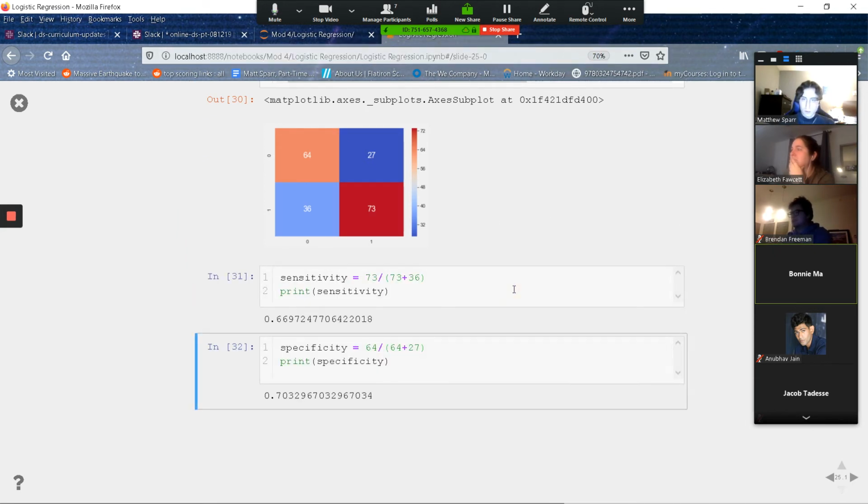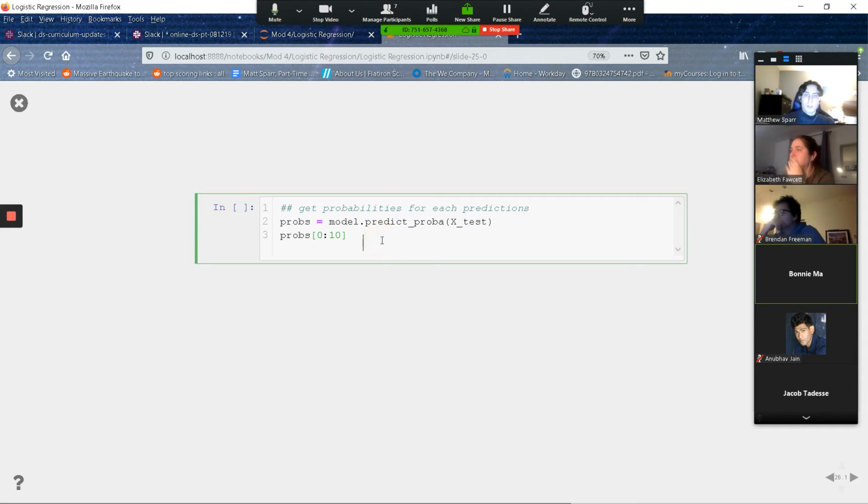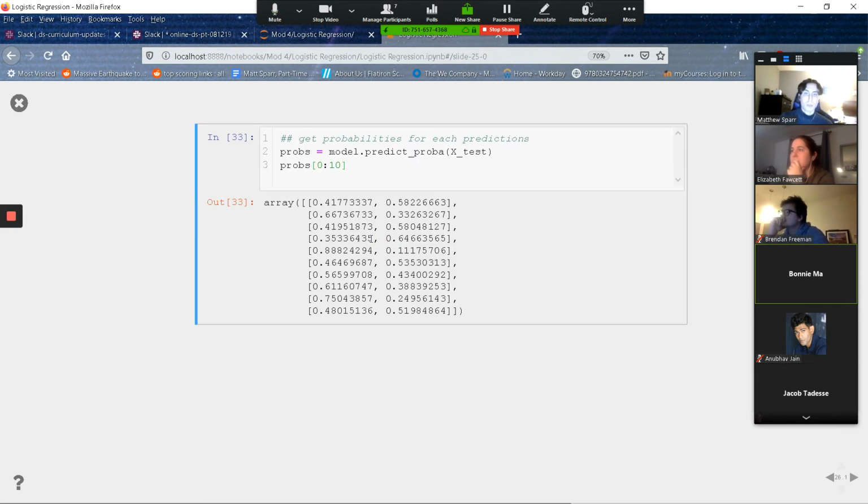All right, so now another feature of logistic regression is instead of just getting the predicted class, we can actually get the actual probability that it predicted for both classes. So what you see here are each of our x values, and then in the first column is the probability that it was a 0, and in the right column, the probability that it's a 1.